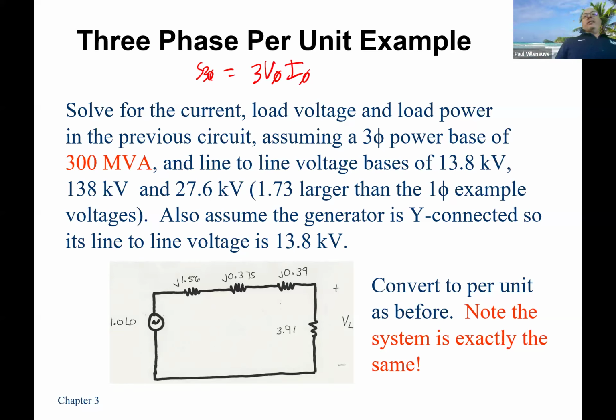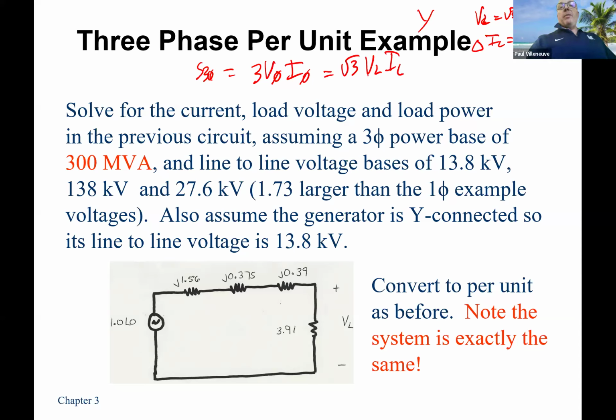Well, in a Y, we know that V line equals square root of 3 times V phase. This is for a Y. For a delta, we know that I line equals the square root of 3 times I phase, right? So in either system, if we use this equation here, it works out for all systems.